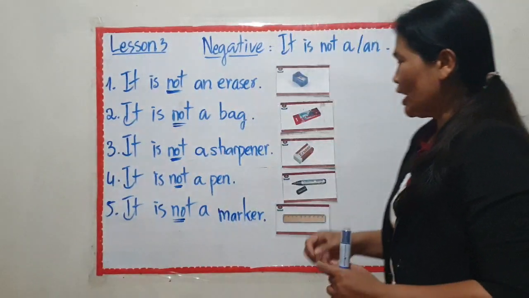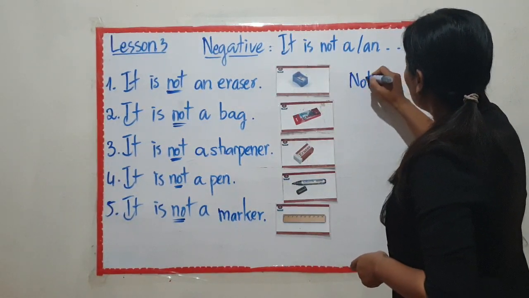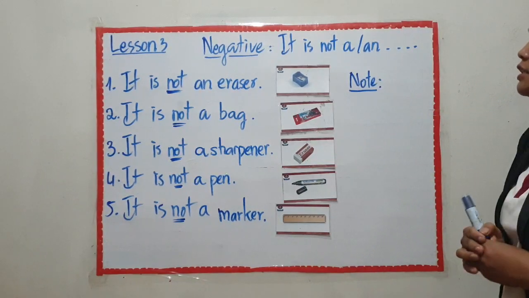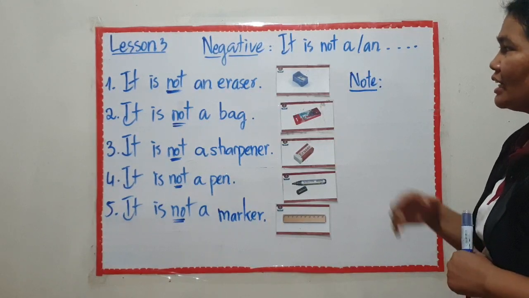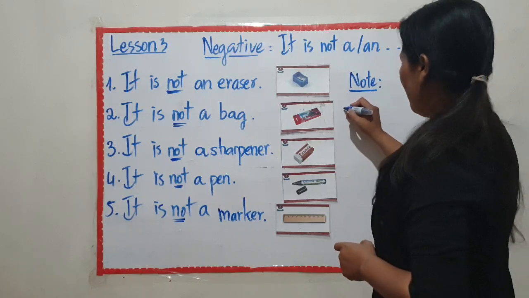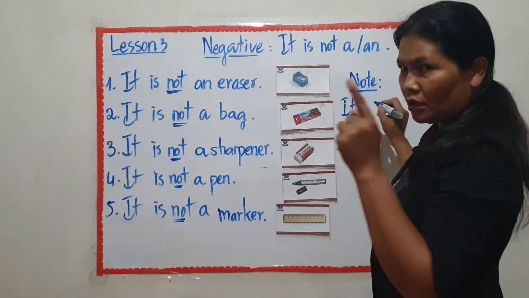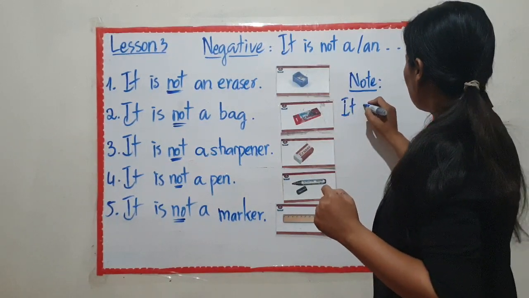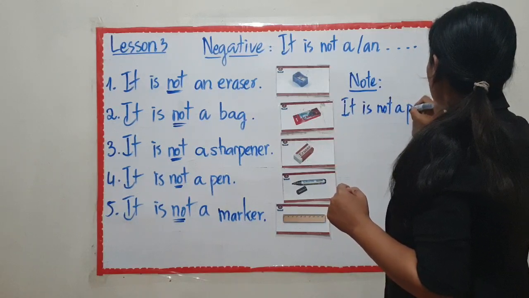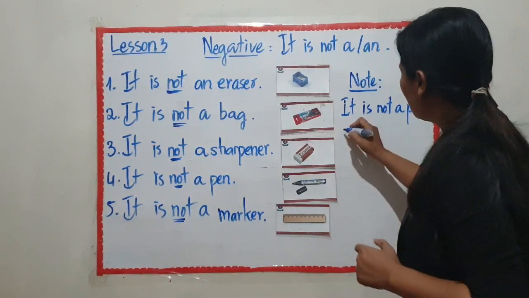Okay, now teacher would like you to note a little bit in this lesson. For example, the first sentence is, it is not an eraser, but how do we make this one a short form? Teacher would like you to know how to read it. Like this one, it is not a pen. When teacher makes it short, it's gonna be what?